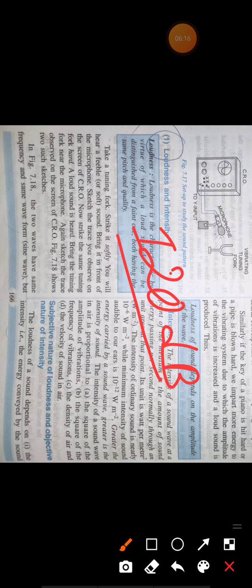So that means loudness depends on the person. It depends on the sensitivity of your eardrum. So this is subjective in nature. For you a sound can be very soft, but for another person that same sound can be too loud.